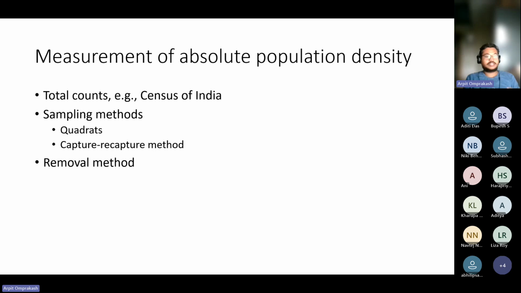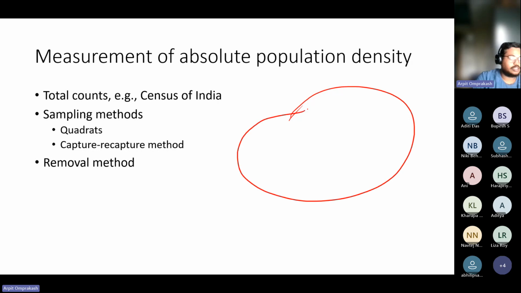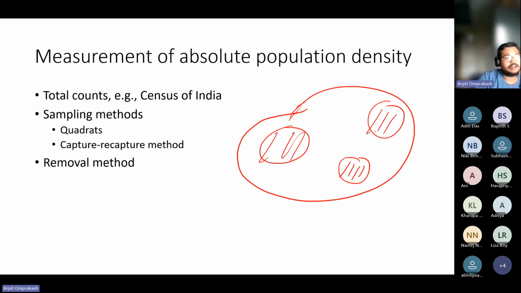Sampling is basically when we count the number of a species. So let's say there's a huge area, there might be a lot of deer. In sampling, we focus on a smaller area or multiple smaller areas, and we estimate the number of individuals present in these small areas. Then we try to extrapolate that to the whole population.